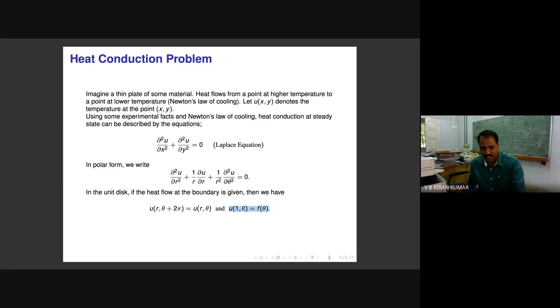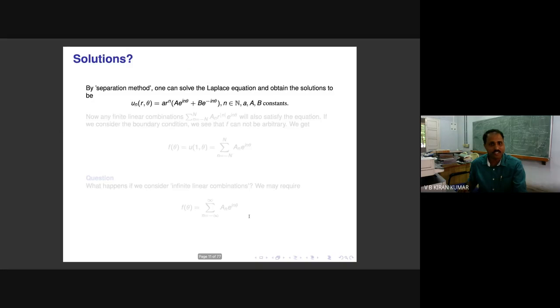This is the boundary condition. And this is the natural condition satisfied by u, because (r, θ) and (r, θ + 2π) represent the same point. So u(r, θ + 2π) should be u(r, θ). That means periodicity comes quite naturally. So we need to solve the equation satisfying these two conditions. One of them is the boundary condition.